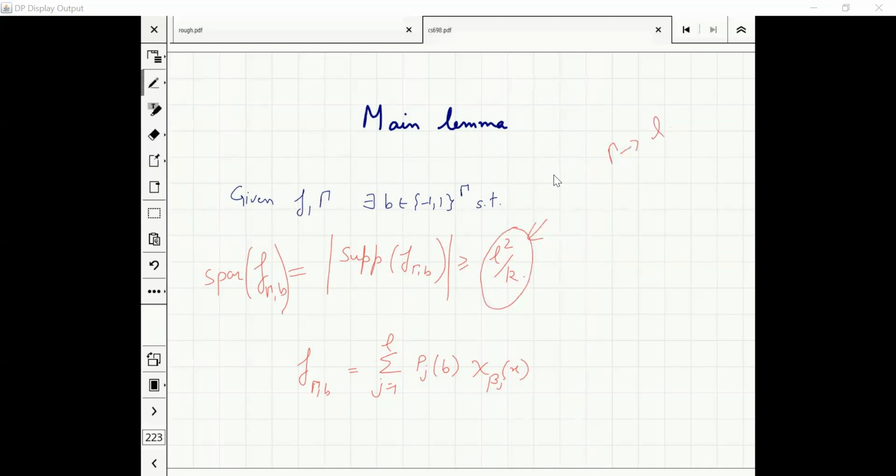Notice that if L is already root k, if the number of active parities is already root k, I can just choose all of them in my set, right? Those I can automatically take care of. So that's why I'm not worried about the case when L is very, very small.